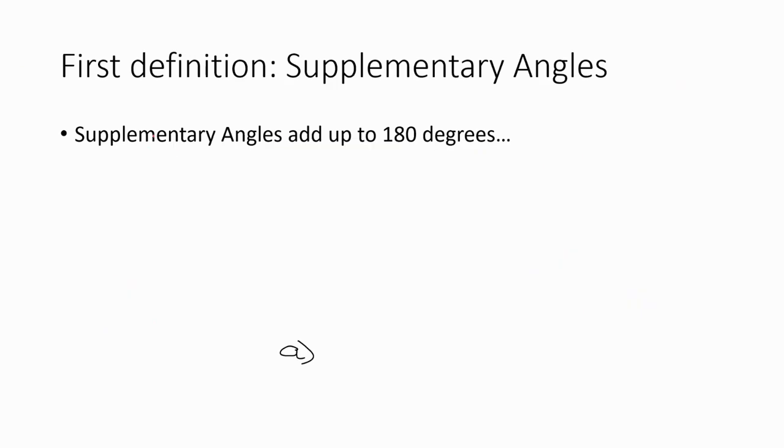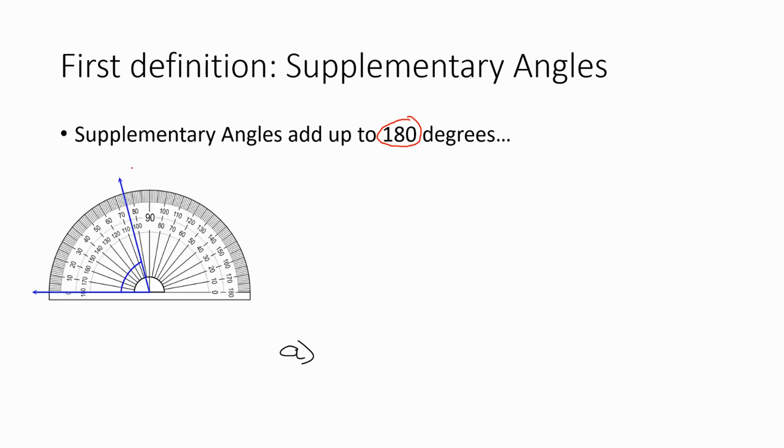So our first definition that we need to understand is supplementary angles. A supplementary angle adds up to 180 degrees. That means two angles that together, their sum is 180. So for instance, back to our original picture of an angle, the first angle we looked at here was 75 degrees.